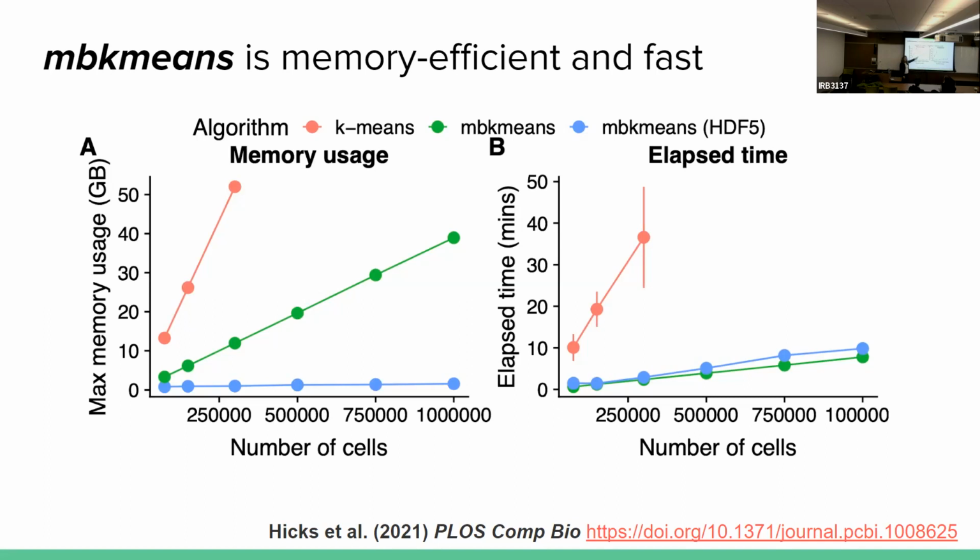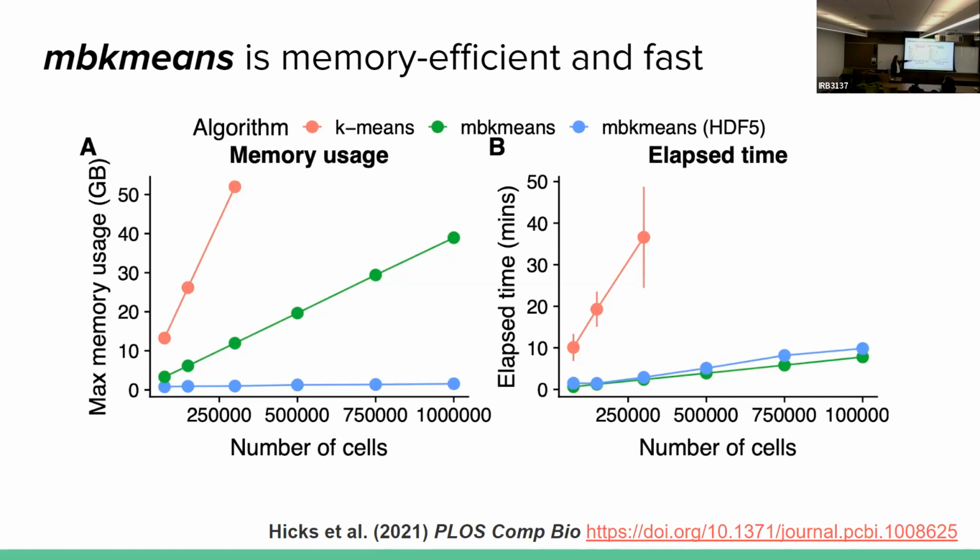Even if you don't want to deal with HDF5 files, mini batch k-means does a pretty good job of saving memory usage and speed if you simply replace k-means with it. And if you are willing to use HDF5 files, or that's what you're given, you can cluster 1 million cells in less than 2 gigabytes of memory in under 10 minutes.